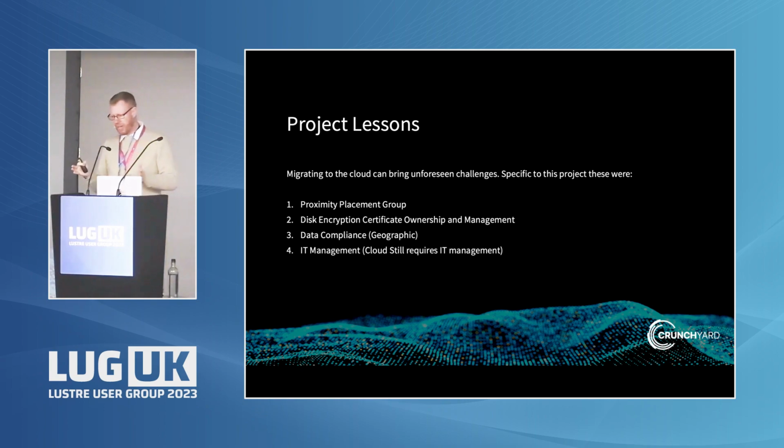Because it's a financial institution, they wanted to have the encryption keys for the hard drives, and at that time, Microsoft were the only ones who had the encryption keys for the disks. Luckily, 3 weeks later, Microsoft allowed the clients to manage their own encryption keys. That meant that if an employee of Microsoft comes along and pulls out a hard drive, they cannot read that data. The other one was compliance.